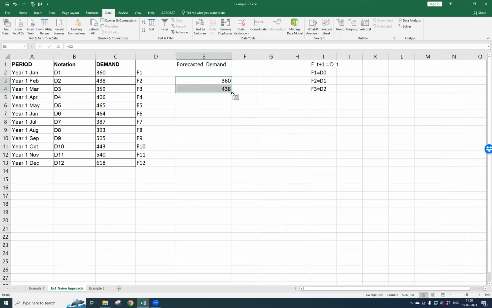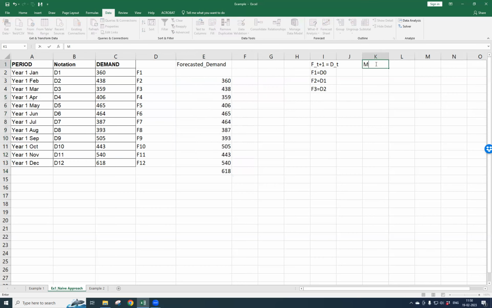So the same logic I have applied over here and I can predict all these values. According to this particular prediction, the corresponding value of the demand in year 2 of January happens to be 618.